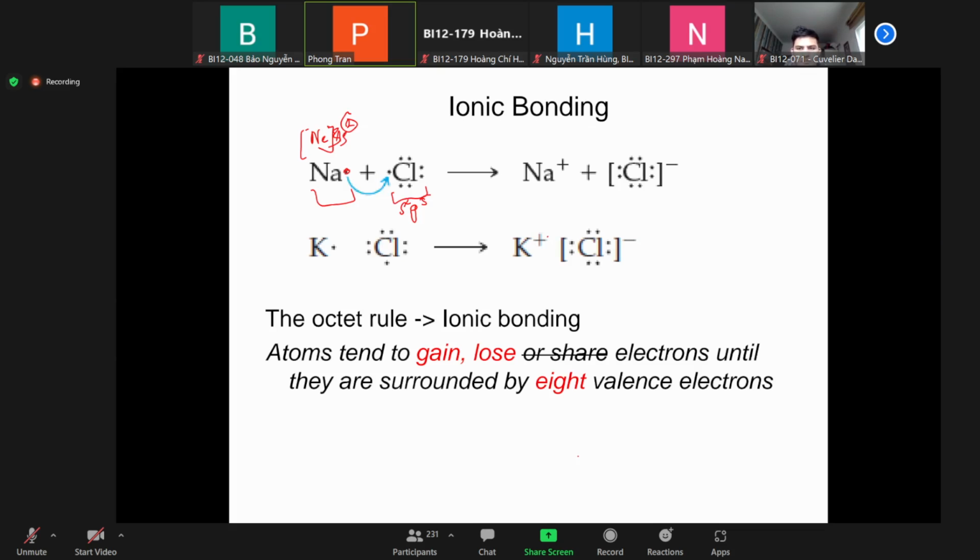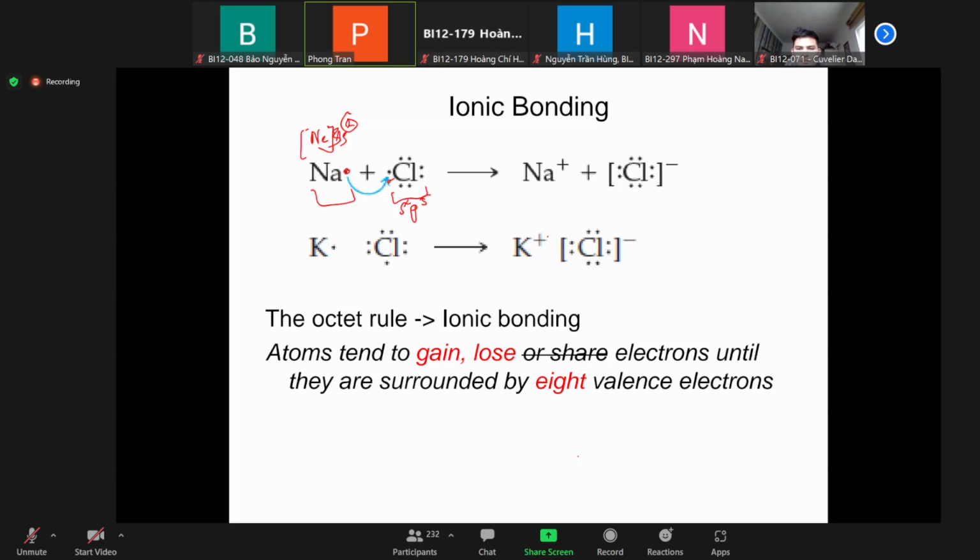So the octet rule says sodium will have a tendency to remove 1 electron to achieve 8 valence electrons. And chlorine will have a tendency to receive 1 electron. When you have 1 electron here, it becomes like this, so you will have the octet rule satisfied. That means it has 8 valence electrons.